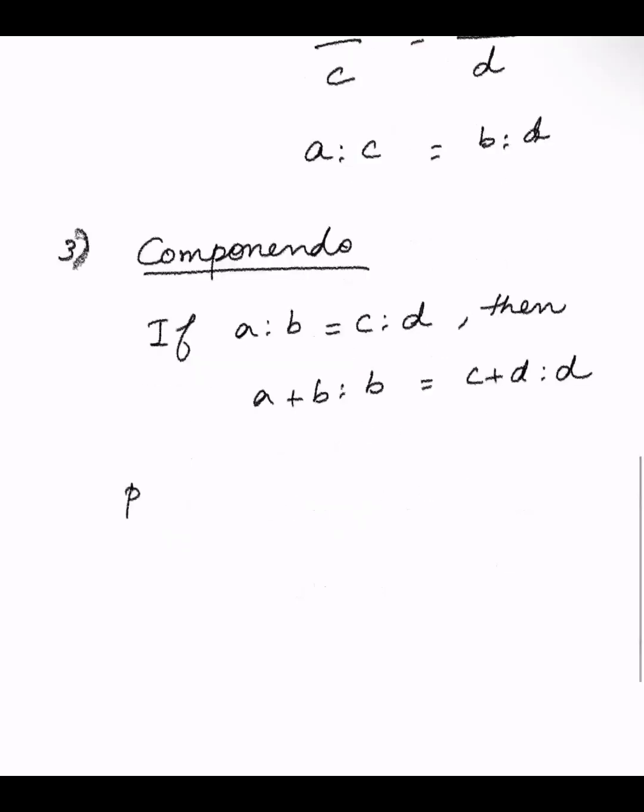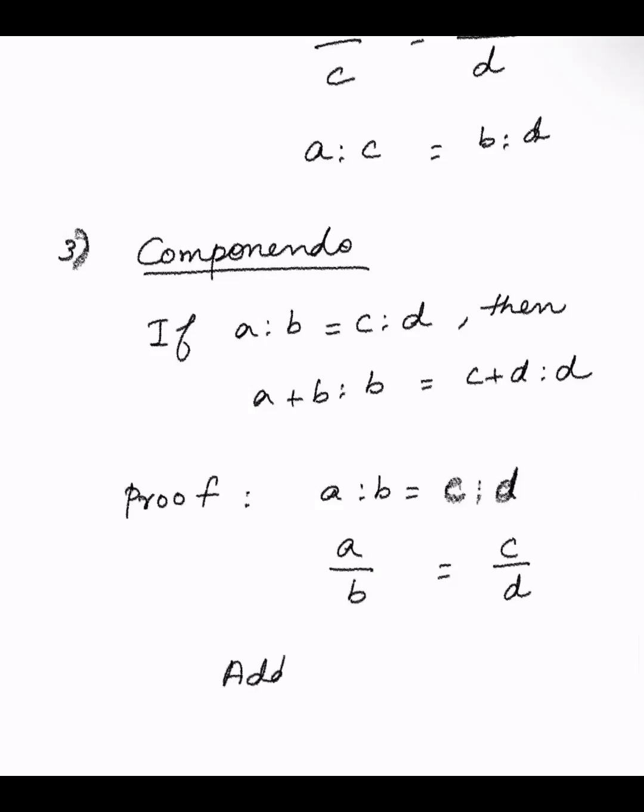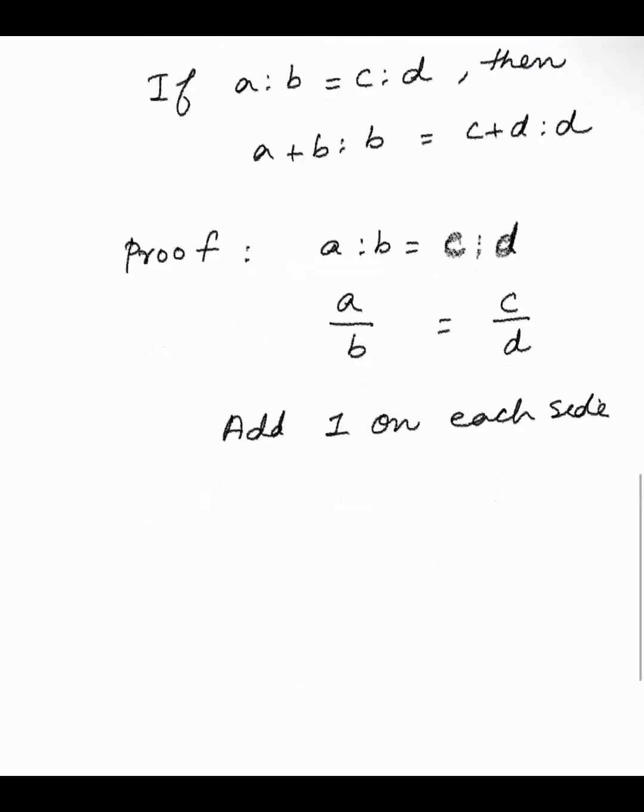What is the proof here? We know A is to B equal to C is to D. That means A by B equal to C by D. Now add 1 on both the sides.